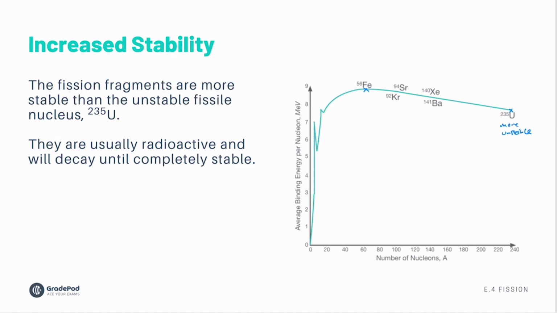It wants to become stable, so it undergoes fission, and its daughter products are usually more stable. They're higher up that y-axis, but they're still not completely there. So what they do to become more stable is they undergo radioactive decay. And remember, there are different pairs of products, and those pairs will undergo radioactive decay to become more stable.